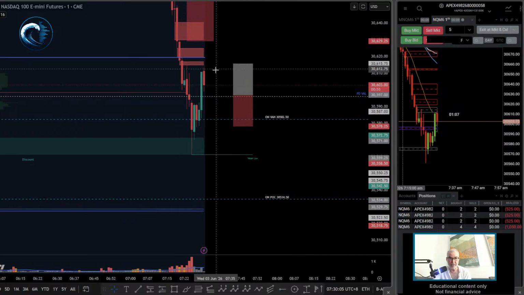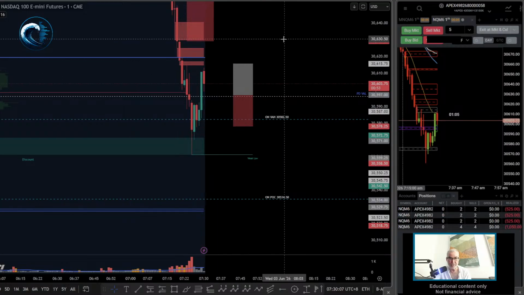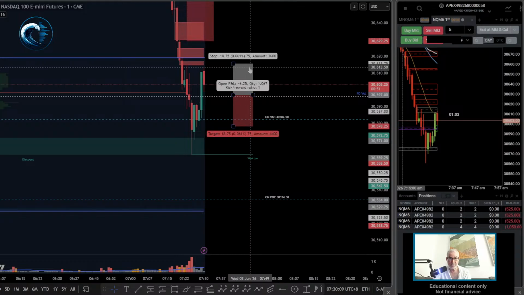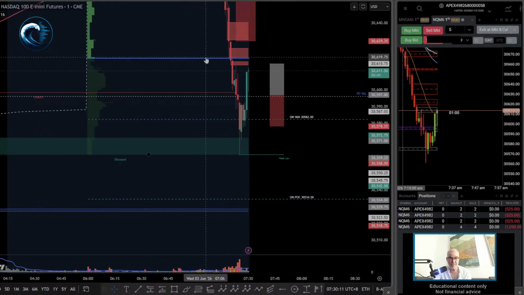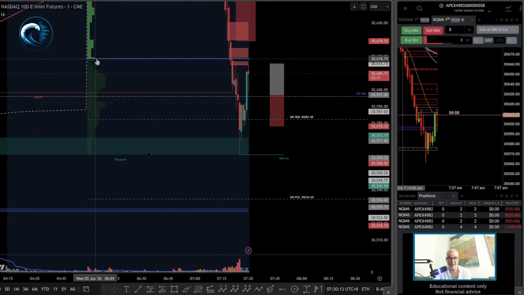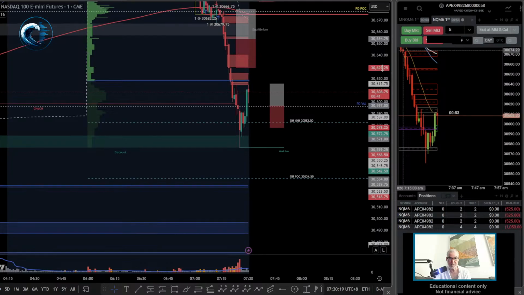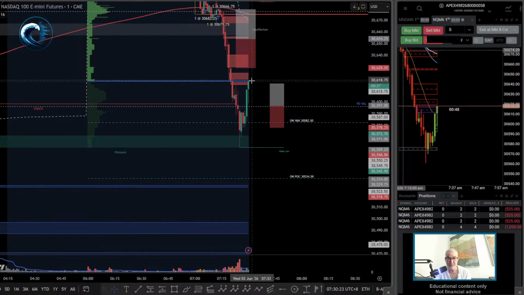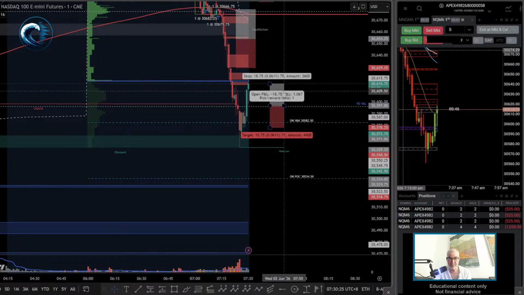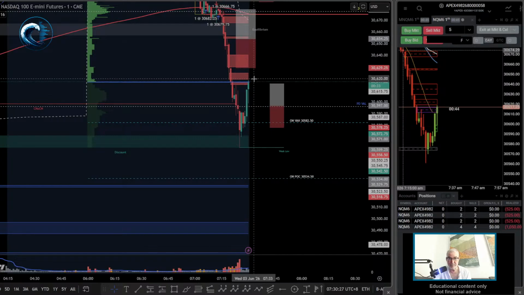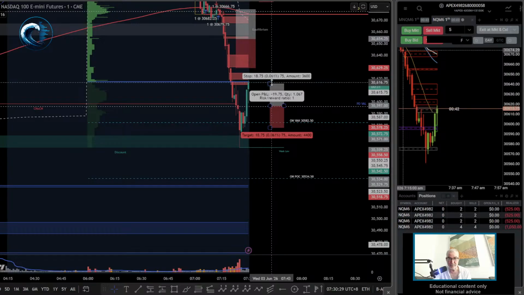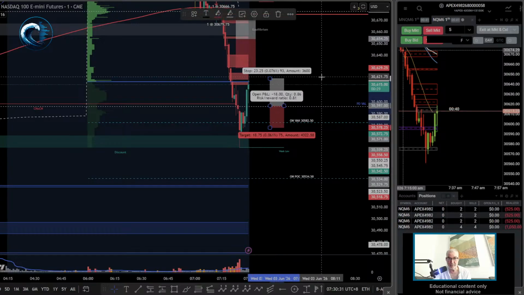Because it didn't tag that, there's still probably a bit of oomph to go up. Now, our developing, I don't put too much weight on this. This is the current session, because we're only an hour and a half old. Yeah, so that was the one I was thinking of, but I was just too far away.